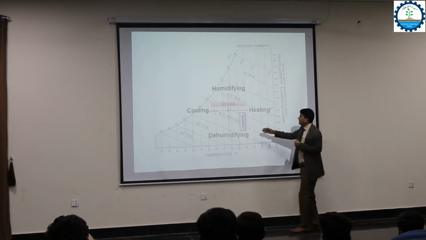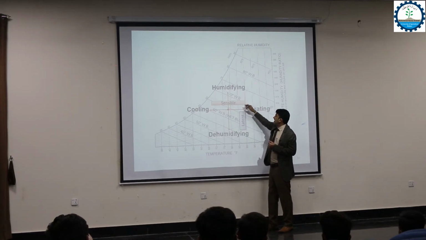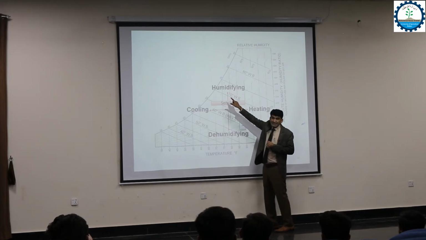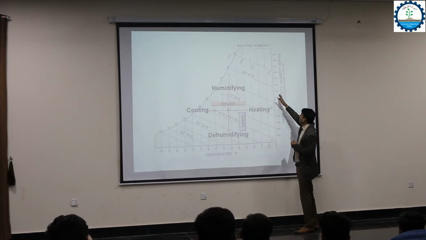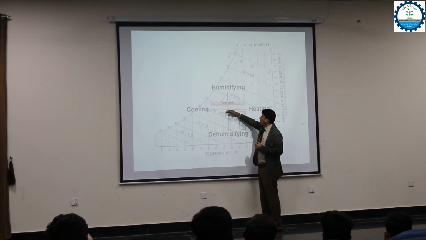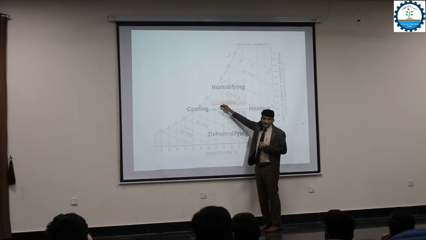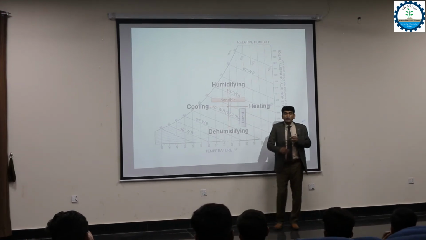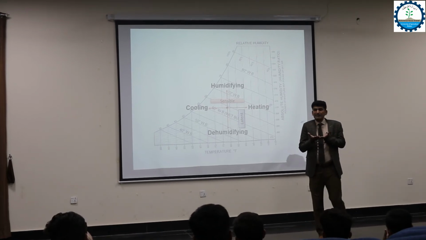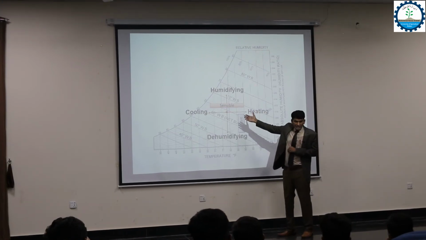And the same, when we move upward from this point, we see the relative humidity curves increasing. Here you can see 40, 60, 80 and 100. When we move upward, to the top side in the psychrometric chart, moisture is being added to the system. The trend shows this is the humidifying process.